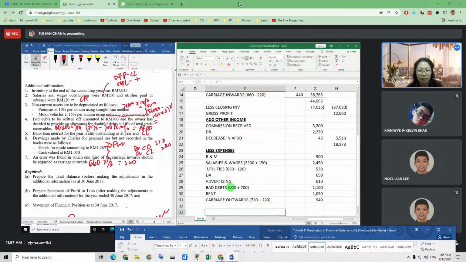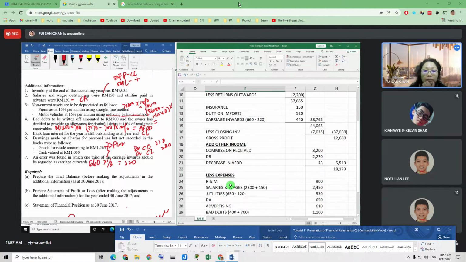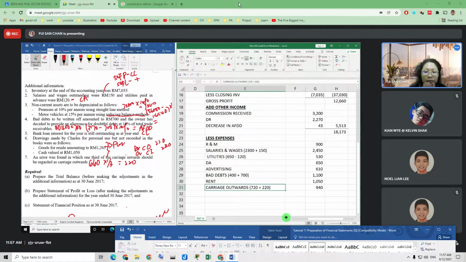Carriage. Any more items that we need? It's already adjusted, the carriage inward. Two carriage inward. Oh, already. Carriage outward. Right. Yeah, okay. Any more items?